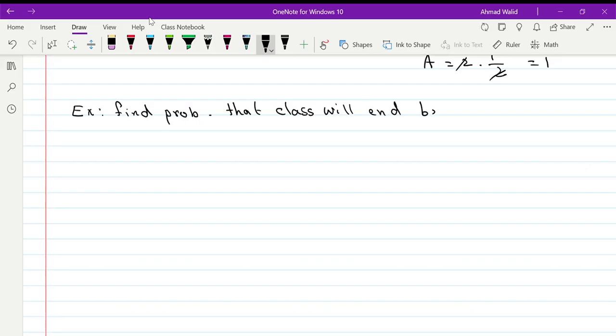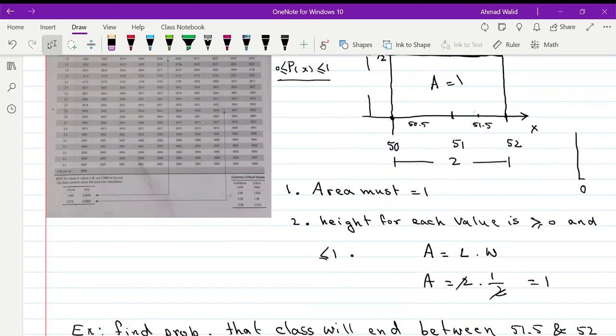You see, I'm giving you a range of numbers, correct? Because I'm talking about continuous, I cannot find the area of one line. I have to give you a range. If I draw my line from 51.5 minutes to 52, it means I'm asking you to find this area.